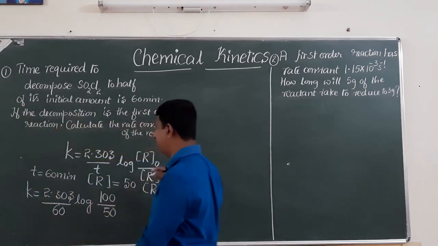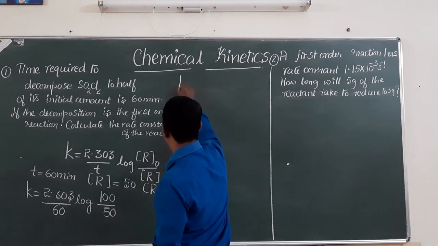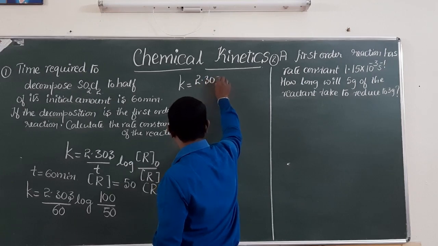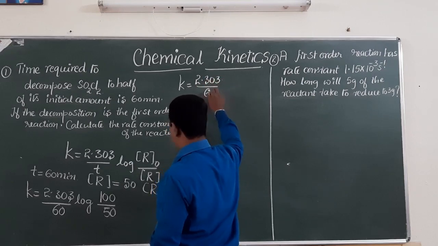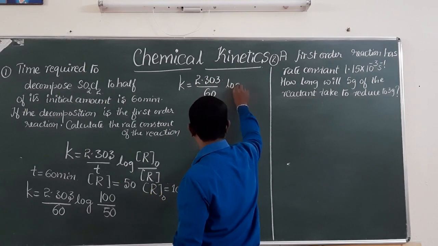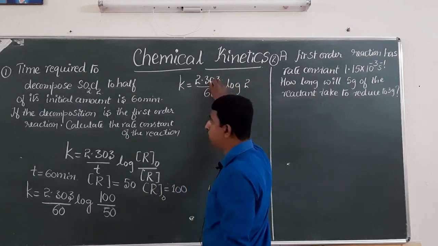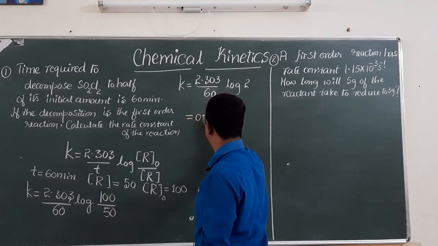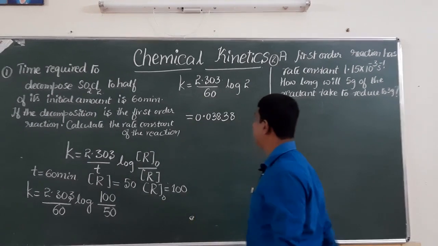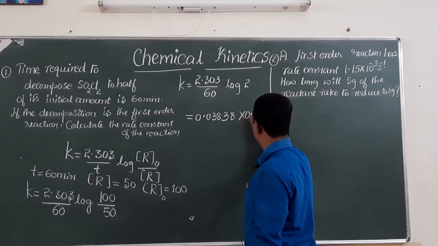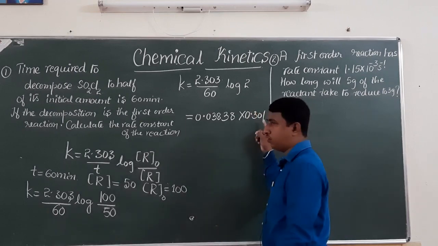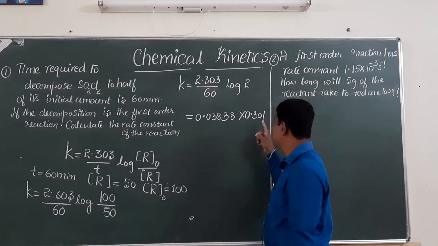So k is equal to 2.303 by 60 log 2. 2.303 by 60 is 0.03838, into 0.3010. Value of log 2 is 0.3010.